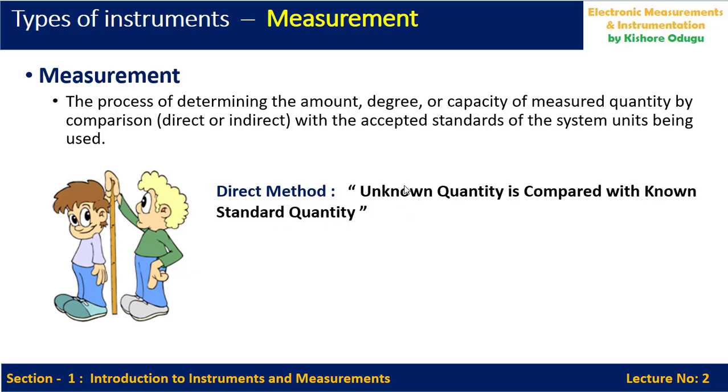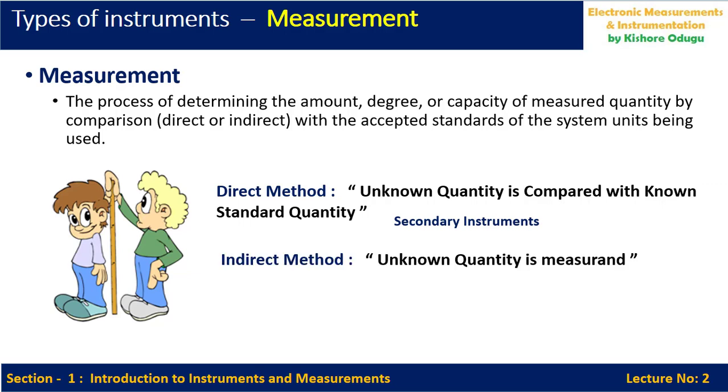You can directly measure the value by comparing the unknown quantity with a known standard quantity. That's called the direct method of measurement. The devices which do this operation, we call secondary instruments.